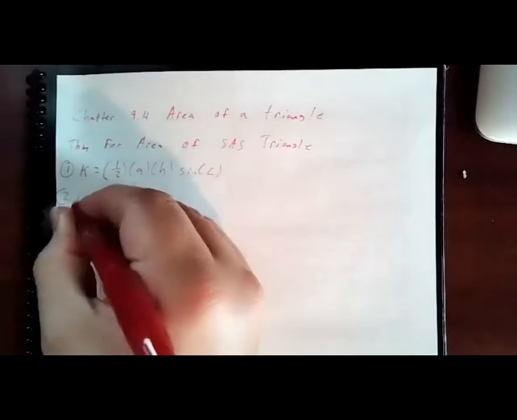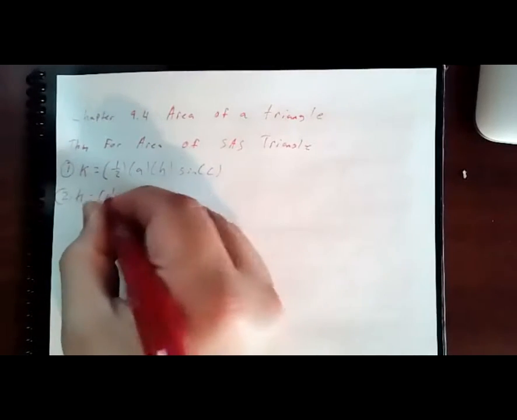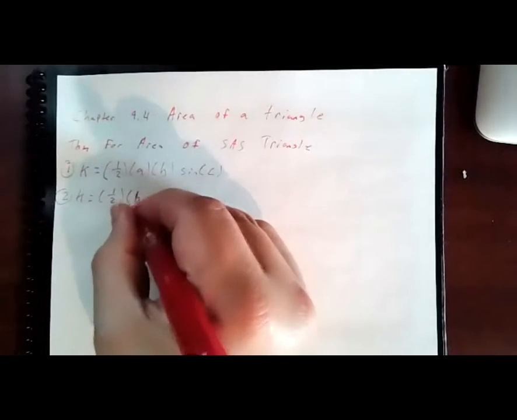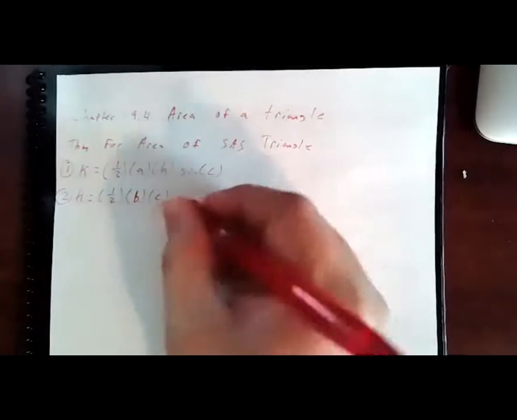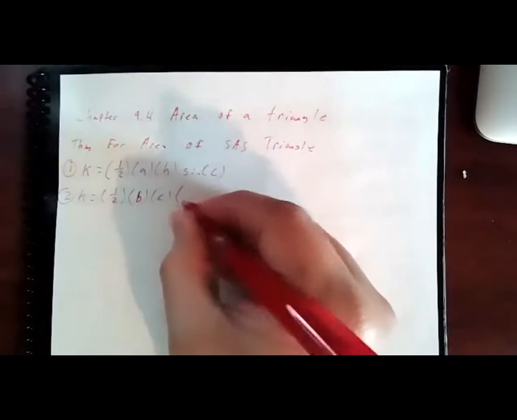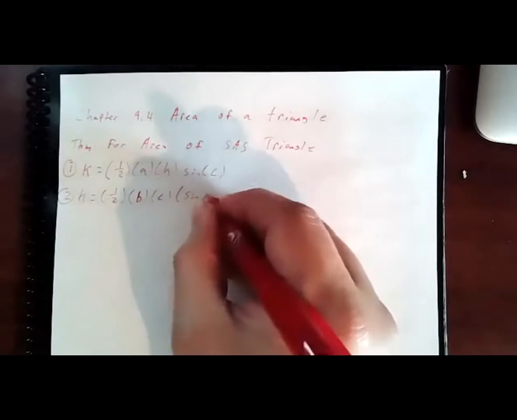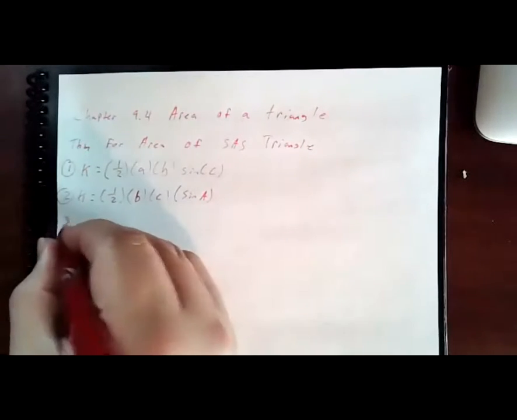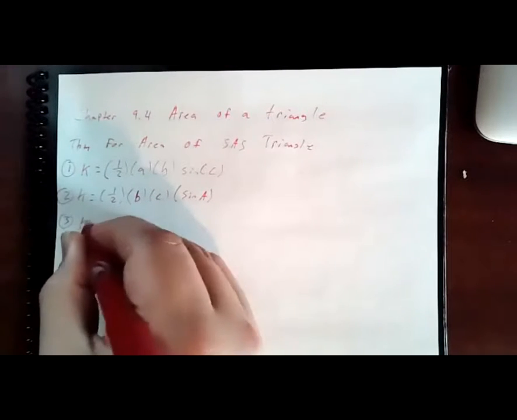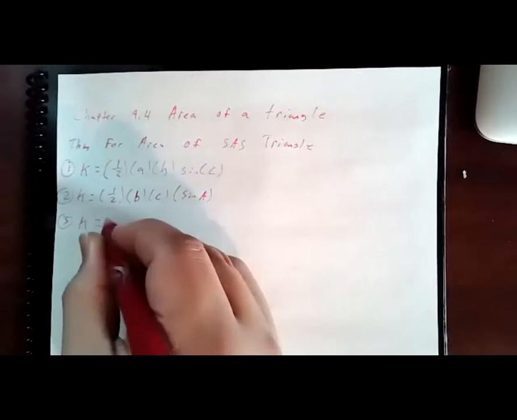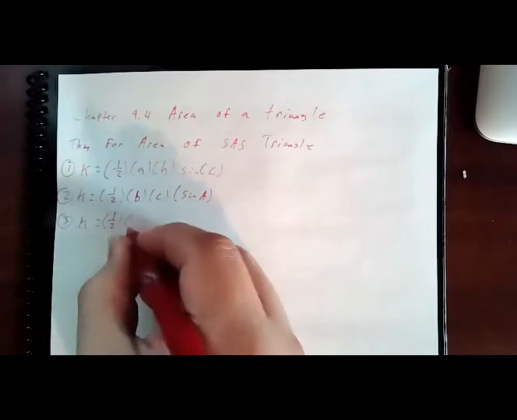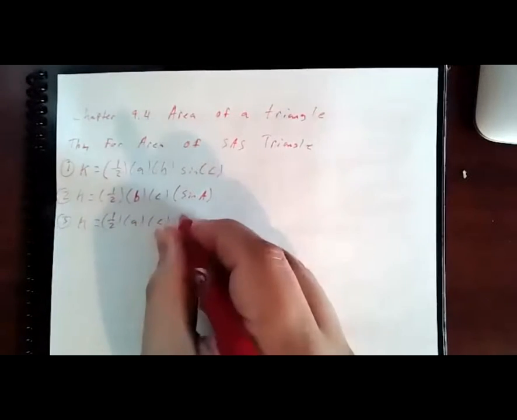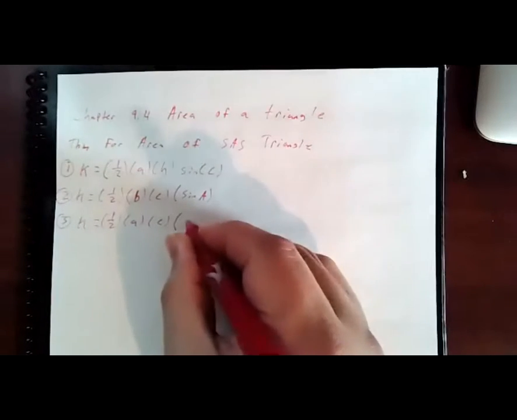The other formula is K equal to 1 half times b times c times sine A. Number 3, K is equal to 1 half times a times c times sine B.